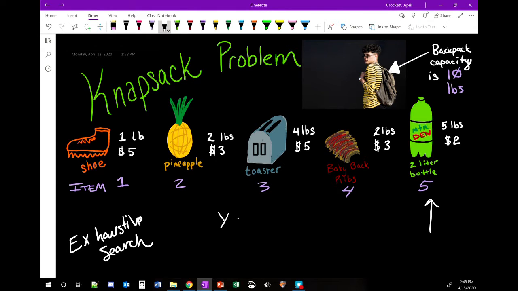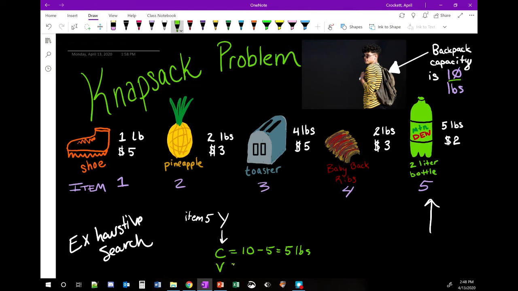If I say yes for item 5, then our capacity, which starts out at 10, we now can only have 5 left. We have 5 pounds left over that we can use.